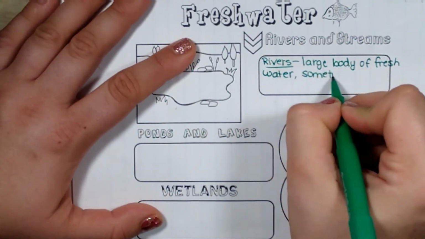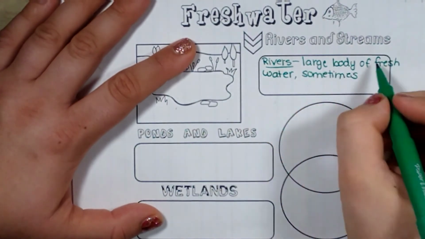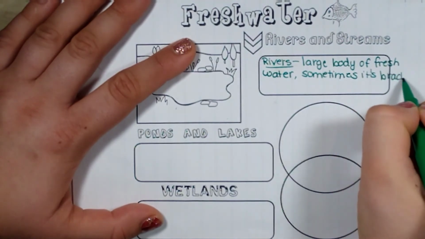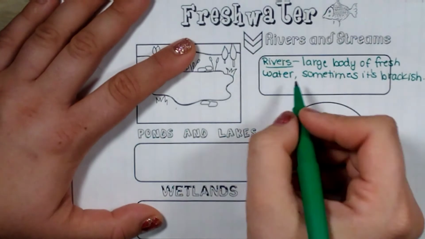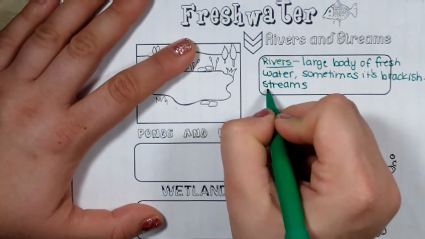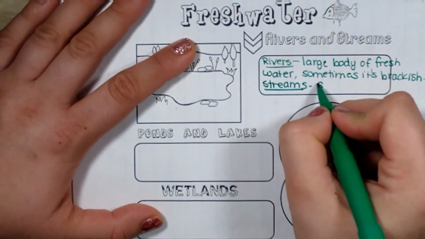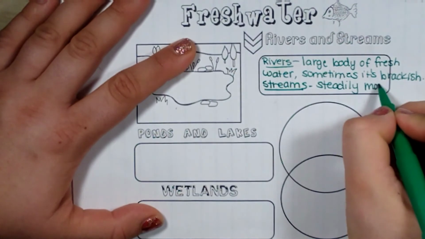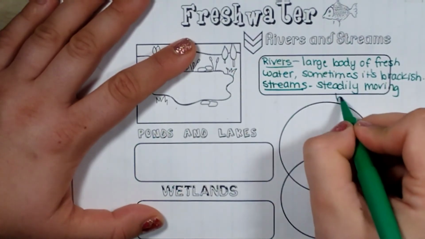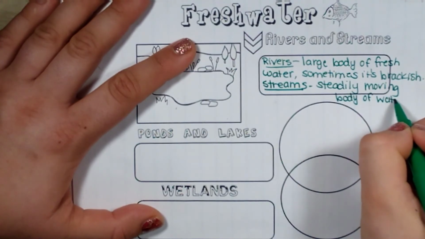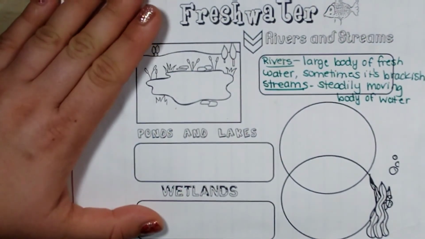Sometimes it's brackish. And then streams are a steadily flowing body of water. So it's constantly moving, steadily moving body of water. Usually smaller than a river.